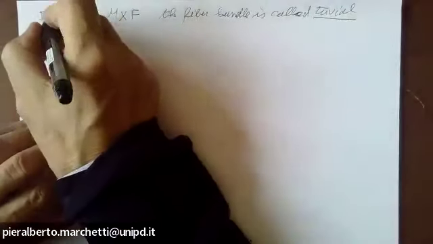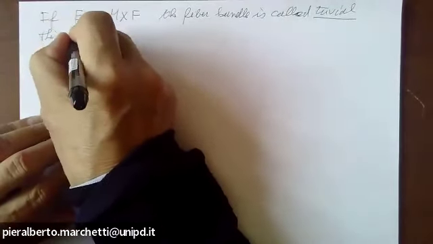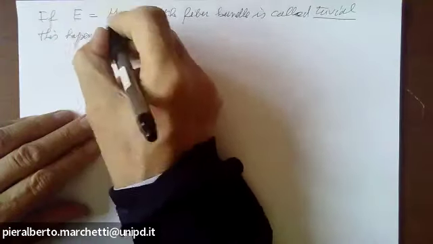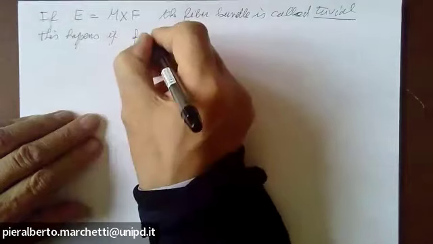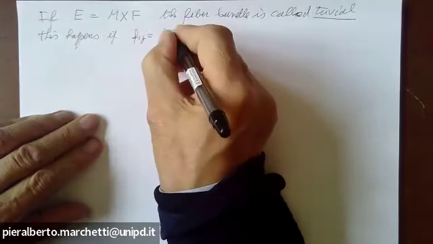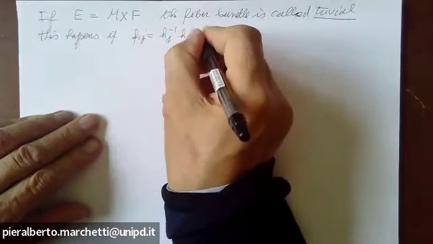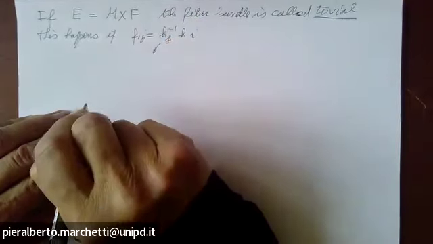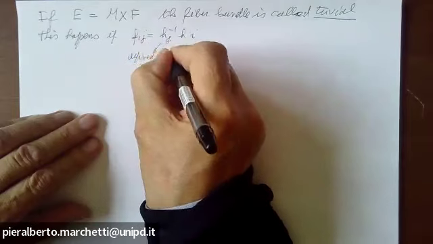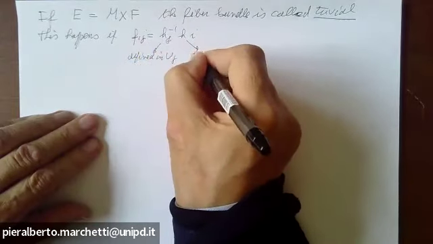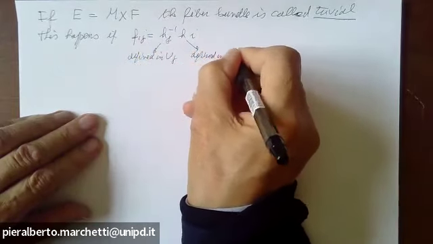It can be checked that this happens if you can write your Fij as Hj to the minus 1 times Hi, where Hj is defined in Uj and Hi is defined in Ui.